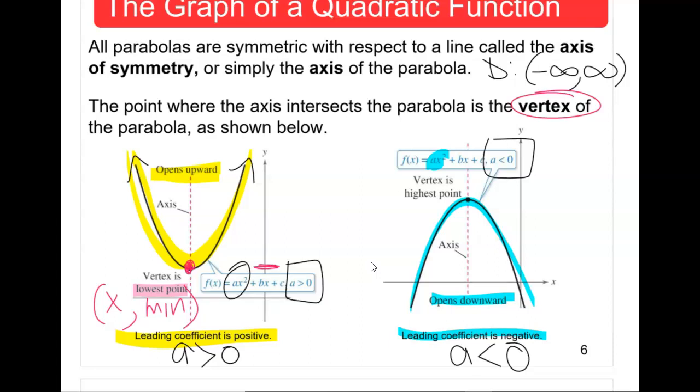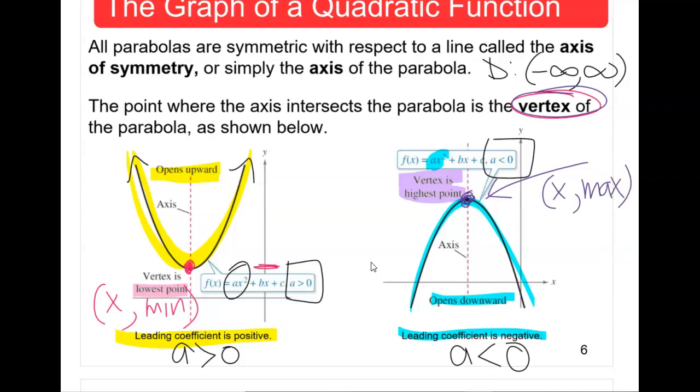So if we have a parabola that is opening downward, then the vertex is going to become the highest point. And so because of that, we refer to that as the maximum, for some x value, and then the y value will be the maximum.